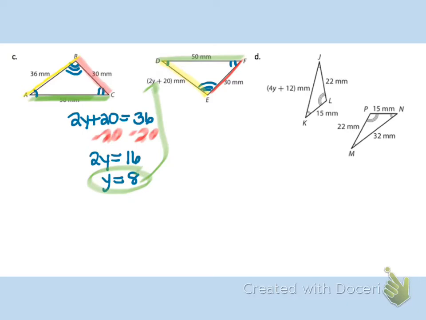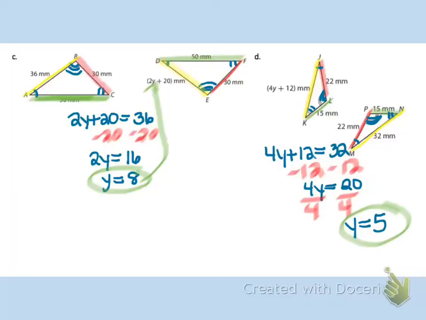So pause the video now and give example D a try. Okay, thanks for giving that one a try. And your value of y that would make those two sides congruent, and therefore the triangles themselves congruent, would be y equals 5.